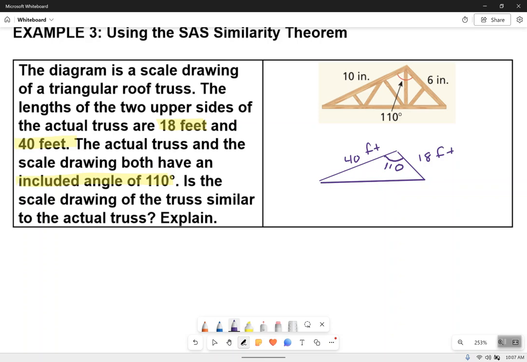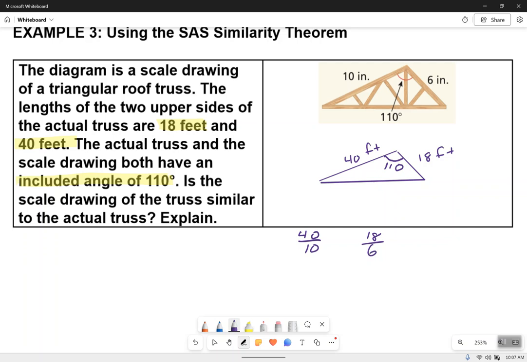Yes. So we need to compare 40 to what value here, kids? 10, and we need to compare 18 to what? 6. Ugh. Okay, so we're going to compare 40 feet to 10, and we're going to compare 18 feet to 6 inches.